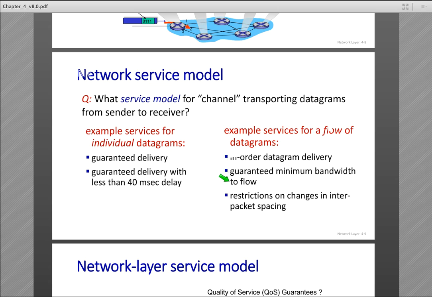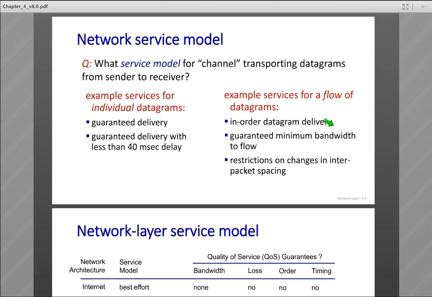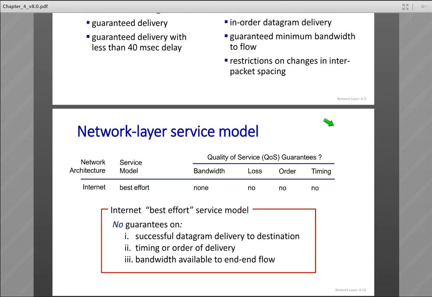And also I can guarantee a minimum bandwidth for a flow and make more restrictions on sending those packets. So remember this word, flow or traffic flow. We will talk about it in the future.